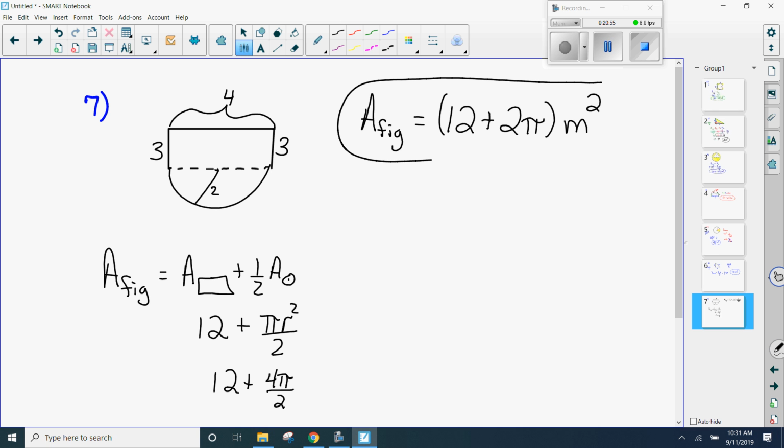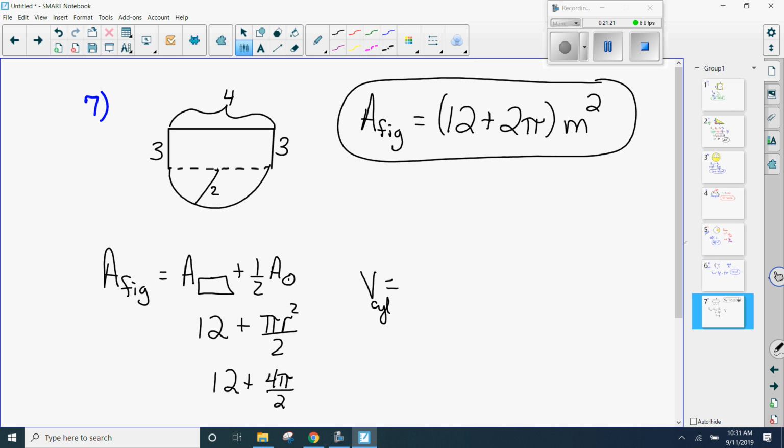There's the first question. Now, if you missed that one, I'm pretty sure you were going to miss the next part. The next part was find the volume of the cylinder 8 meters high that has this figure as its base. So how do we find the volume? It's a cylinder.